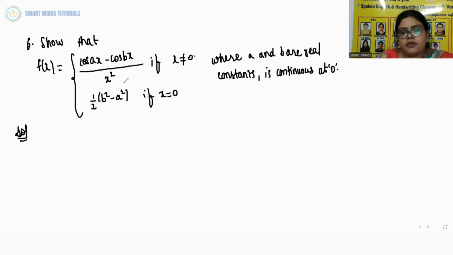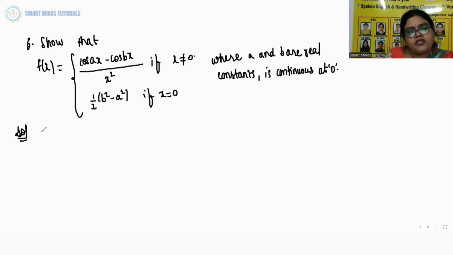So take the next question. This question is very, very important. Show that f of x equals cos ax minus cos bx by x square if x not equal to 0, and half of b square minus a square if x is equal to 0. We need to show that this function is continuous at 0, where a and b are real constants.